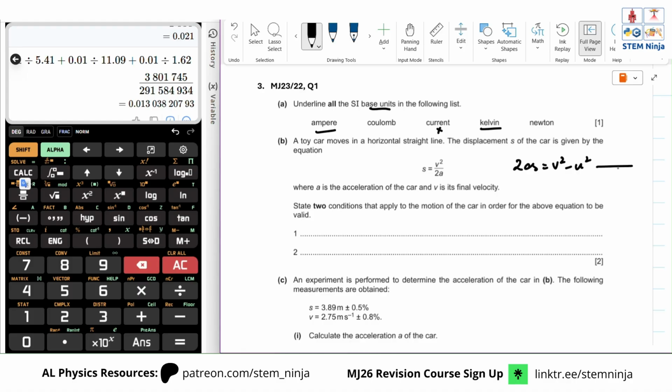So first off, these four equations that we use are based on the assumption that we have a uniform acceleration, and the only quantity missing in this is u, so it assumes initial velocity was 0.